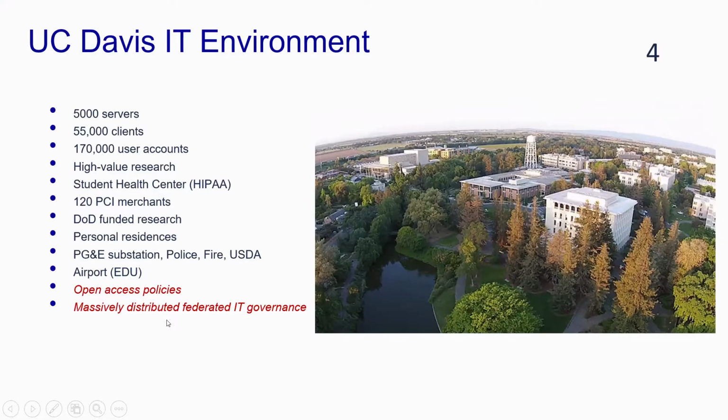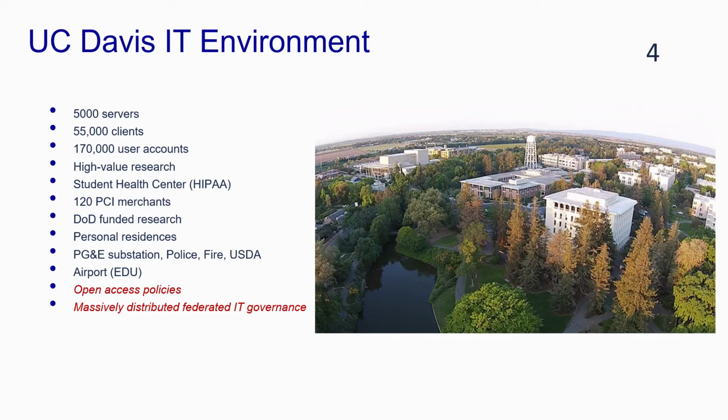Anybody who's ever worked at a university will know this, but it's a large organization. First of all, that's not super unusual, but we have maybe 5,000 servers, 50 to 60K client endpoints on any given day, and they rotate.